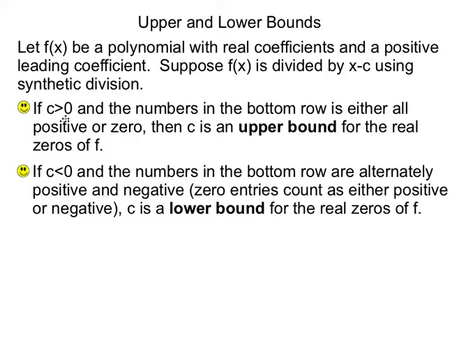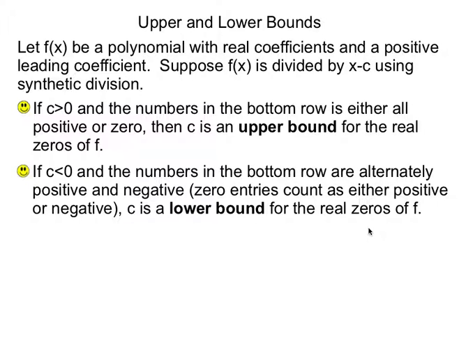If c is greater than 0 and the numbers in the bottom row are either all positive or 0, then c is an upper bound for real zeros of f. If my potential 0 is negative and the numbers in the bottom row are alternately positive and negative, c is a lower bound for real zeros of f.